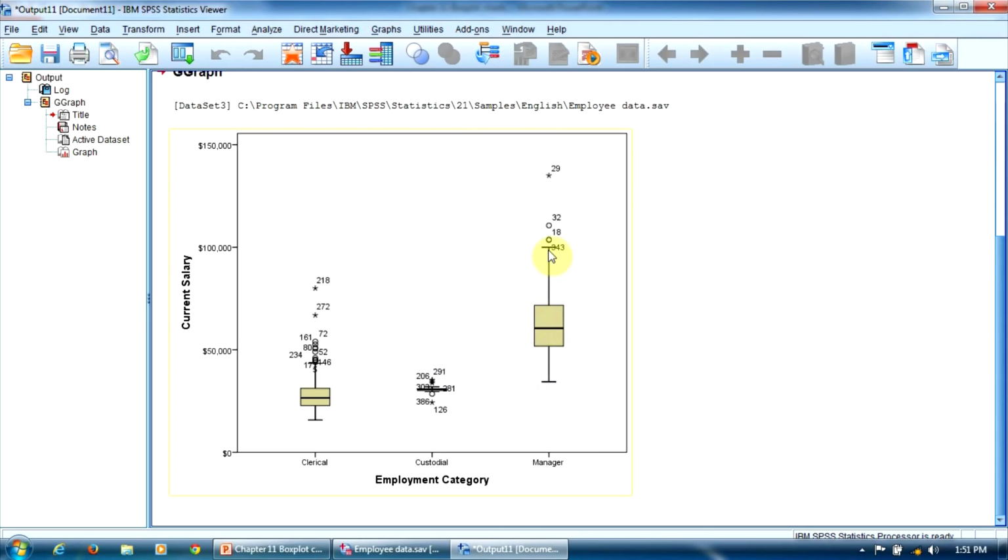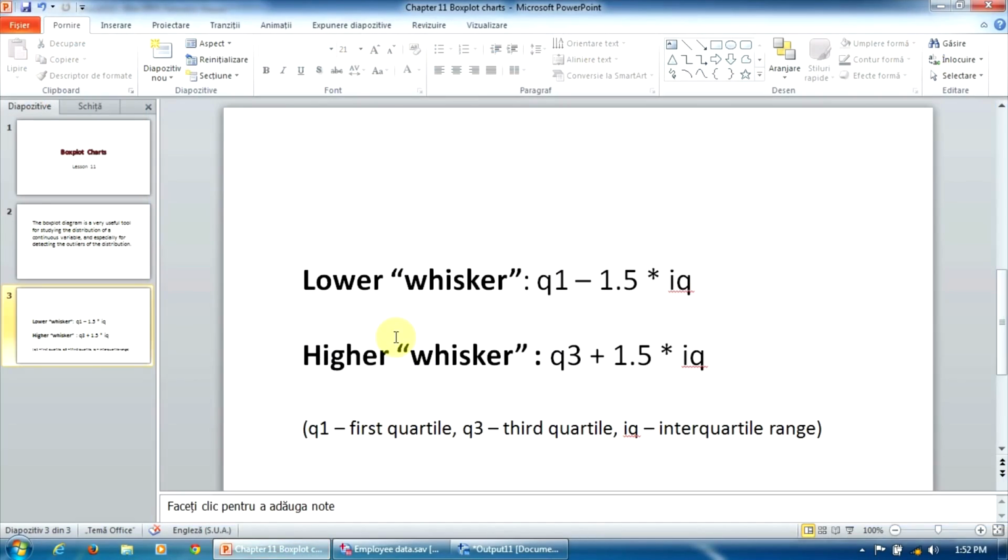These two short lines here, also called whiskers, below and above the box, have the following values. The lower whisker is the first quartile minus 1.5 multiplied by the interquartile range, and the higher whisker is the third quartile plus 1.5 multiplied by the interquartile range.